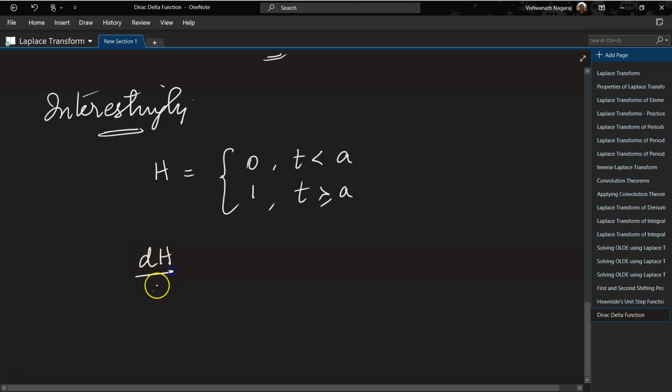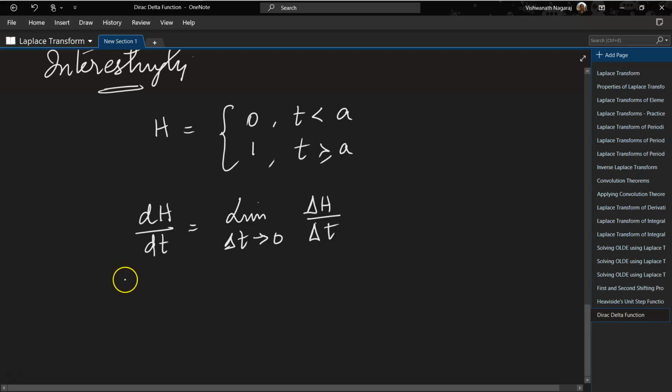So dh by dt, let's take the limit form: limit as delta t tends to 0 of delta h by delta t.